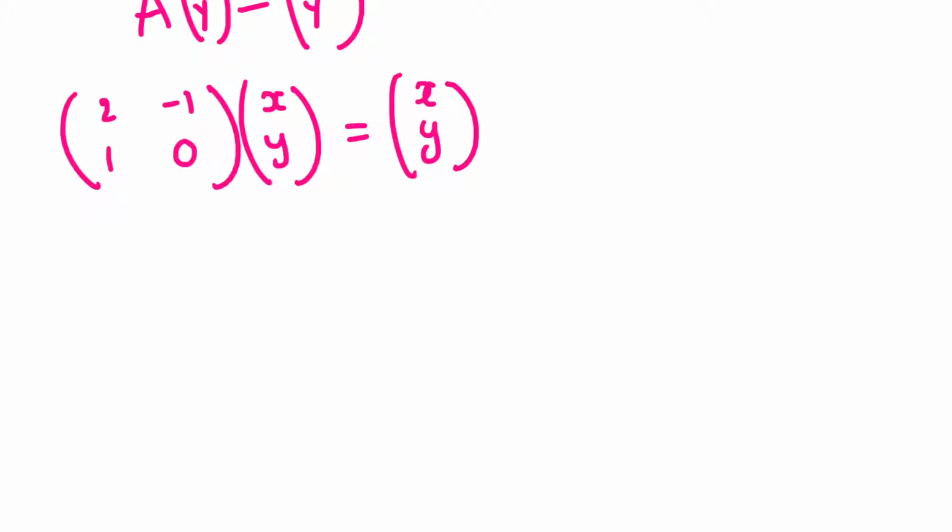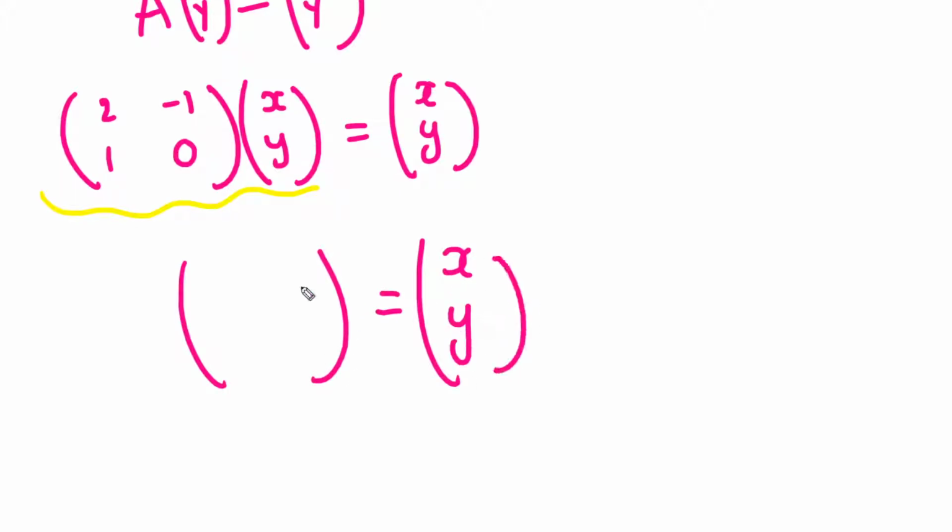So what I'm going to do is multiply out the left-hand side, and see what I get from that. So I'm going to have 2 times x minus 1 times y, and then the vector on the left-hand side is going to look like this, 2x minus y. The bottom part of it is going to be 1 times x, 0 times y, so I'm just going to have x here.